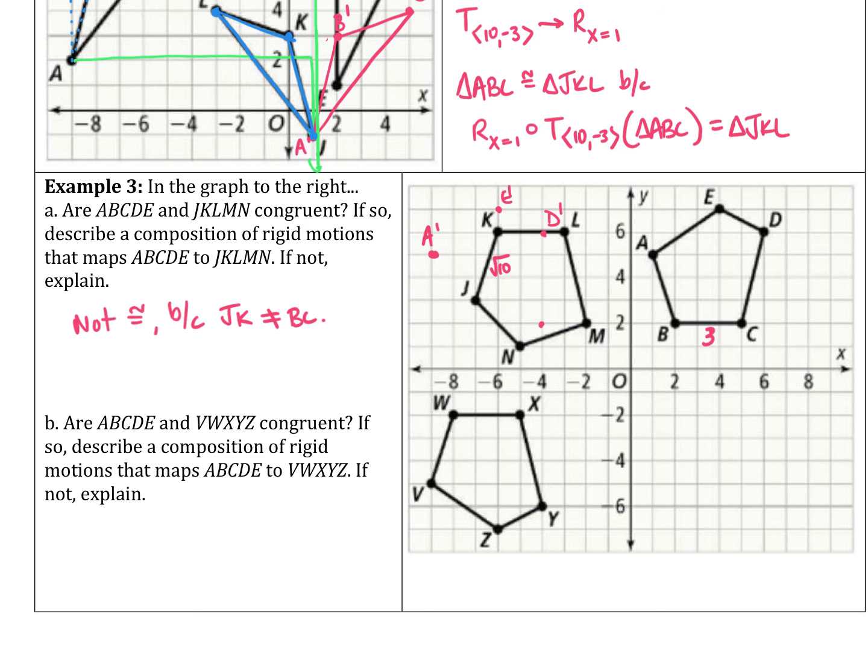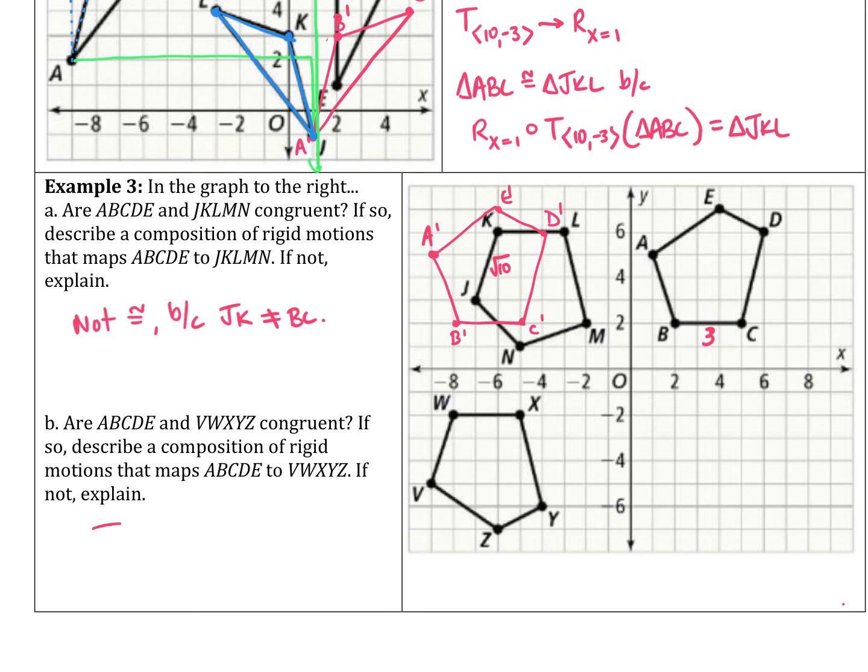Let's see, it would end up right here, and then B would be 3 units over from that. So there's C prime and there's B prime, and that looks to me like it's a translation. I'll count that in a second.